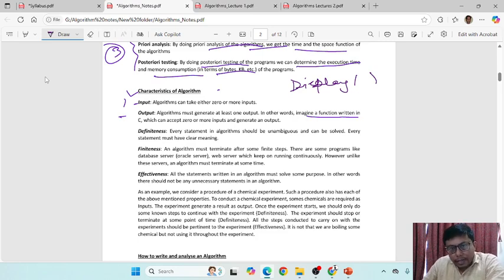But whatever execution steps you write within this particular function will ultimately generate at least one output.